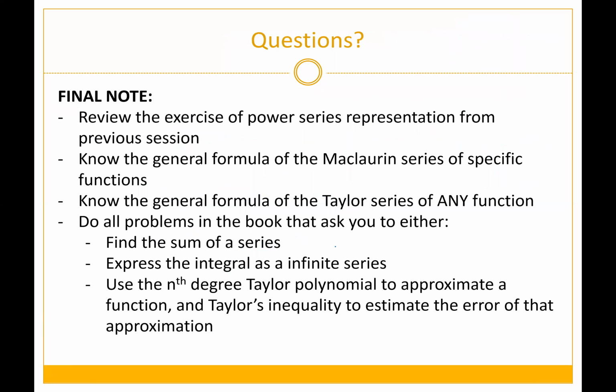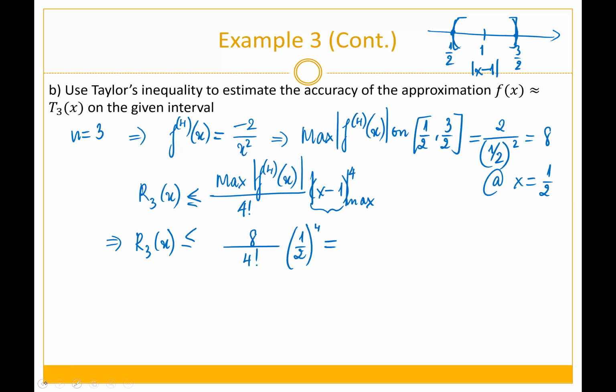Therefore the error is less than or equal to 8 over 4 factorial, which is 24, times 1 over 16. The 8 will eliminate part of it, so it's going to be 1 over 48. I don't have an actual decimal number, but that is our final answer for the error.